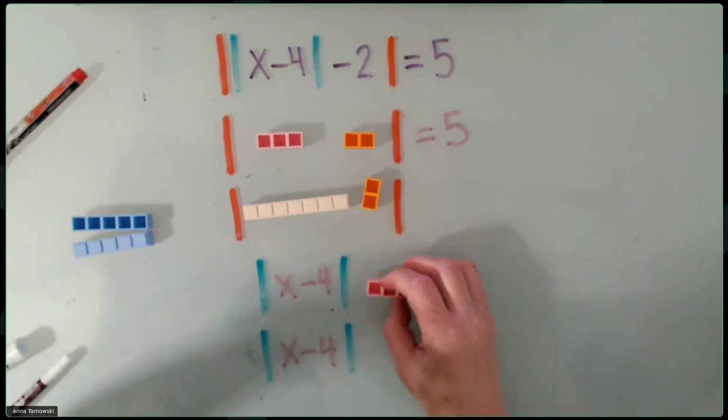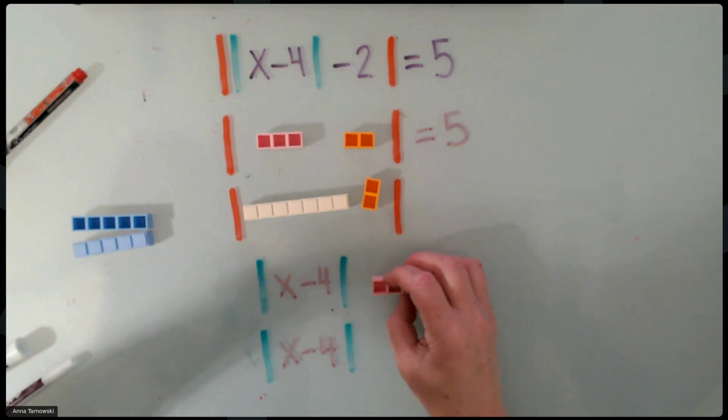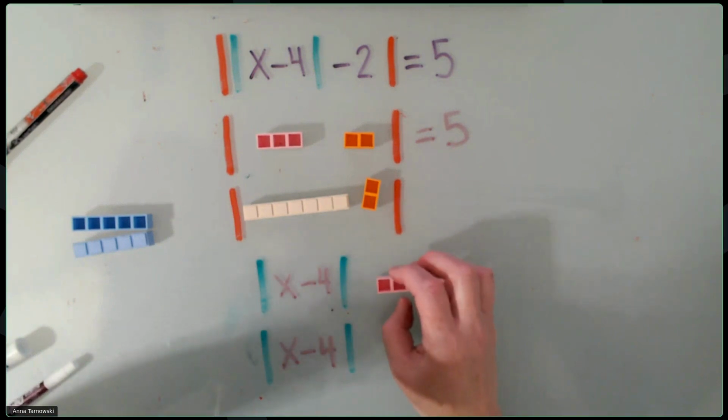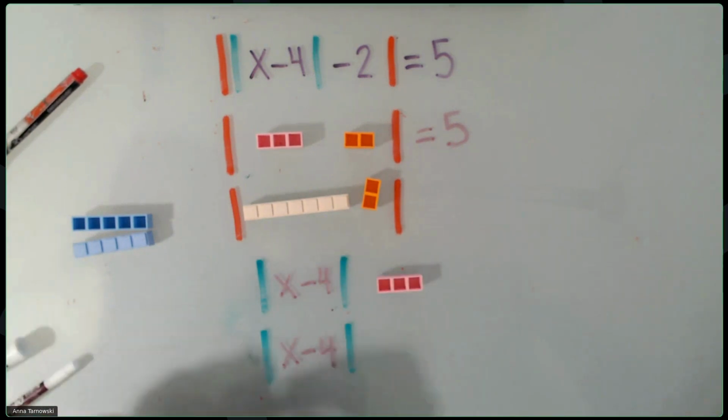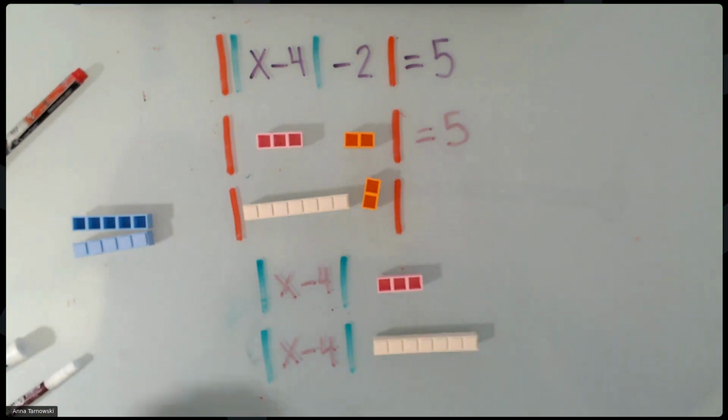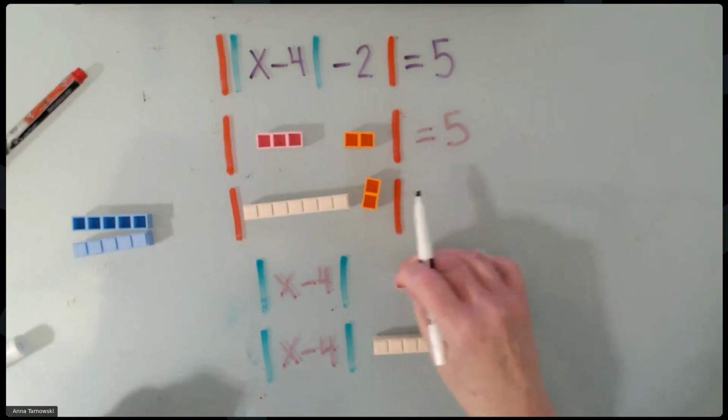All of it is equal to -3, or all of it is equal to 7.